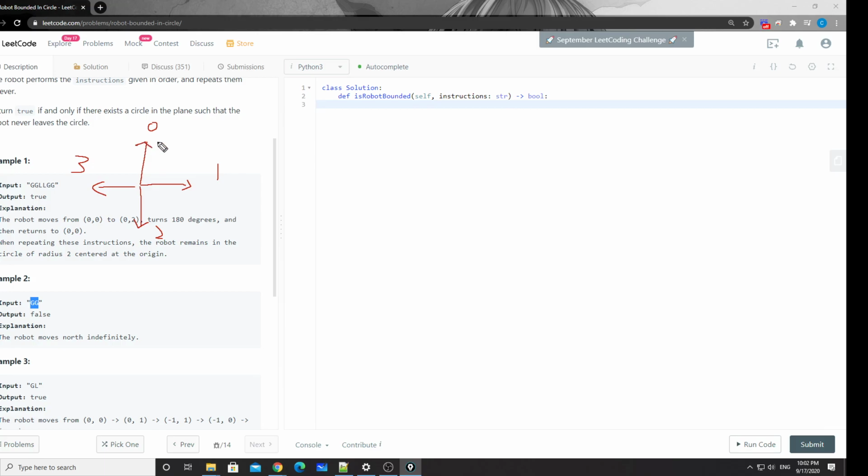Basically, I'm doing it clockwise here. So at any given direction, we can come up with either left or right. Let's say the current direction I is in 0 to 3 here.